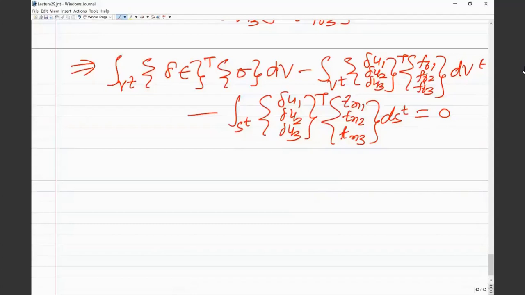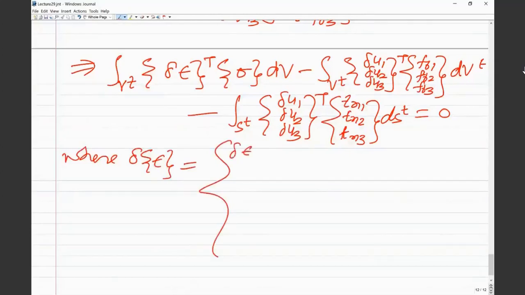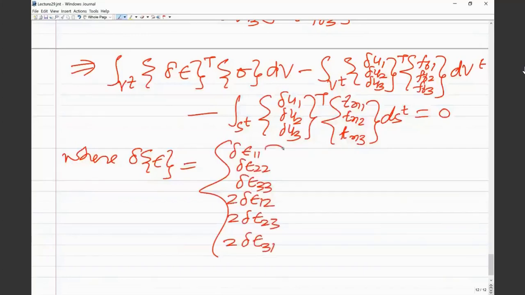Now if you look at the various quantities, let me define them. Delta epsilon is defined as delta epsilon 1, delta epsilon 2, delta epsilon 3, and twice delta epsilon 1,2, twice delta epsilon 2,3, twice delta epsilon 3,1.